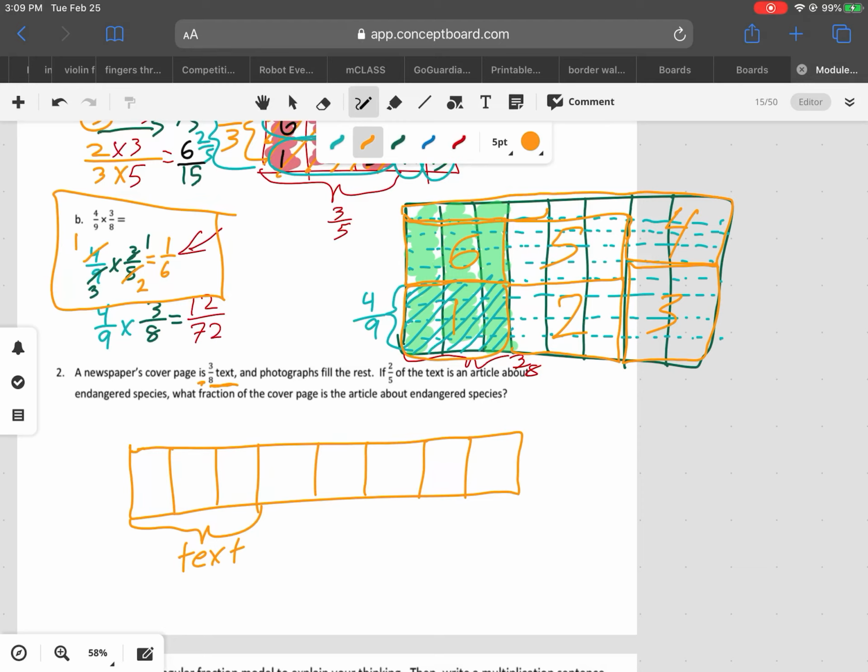If 2/5 of the text is an article about endangered species, what fraction of the cover page is the article about endangered species? So out of these 3 sections, there are 2 sections, or 2/5 that are text.